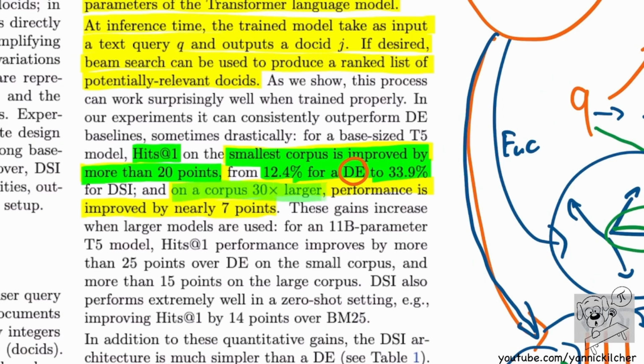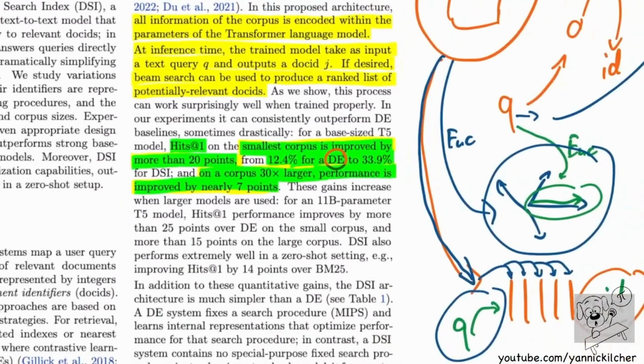However, on a corpus that's 30 times larger, performance is improved by nearly 7 points, which is less. It's also respectable that performance is improved at all. However, I want you to notice, and that's already the first indication of what's going on here, that on smaller data sets, this method does super duper well.